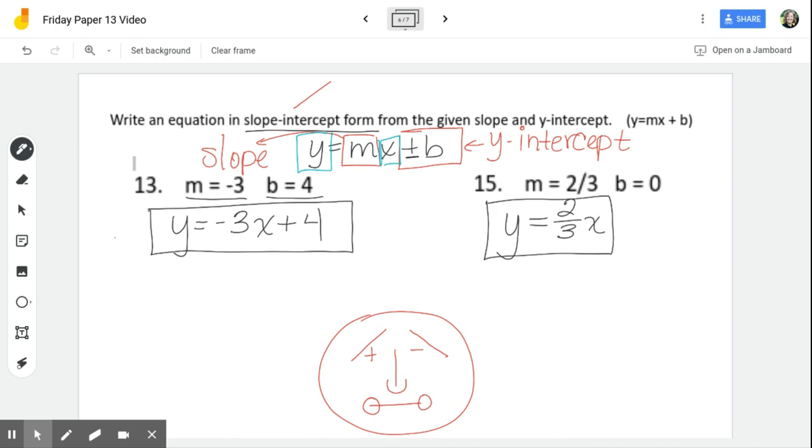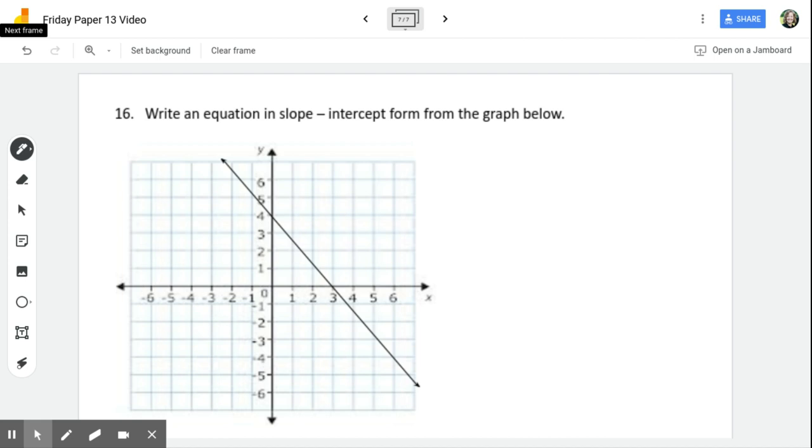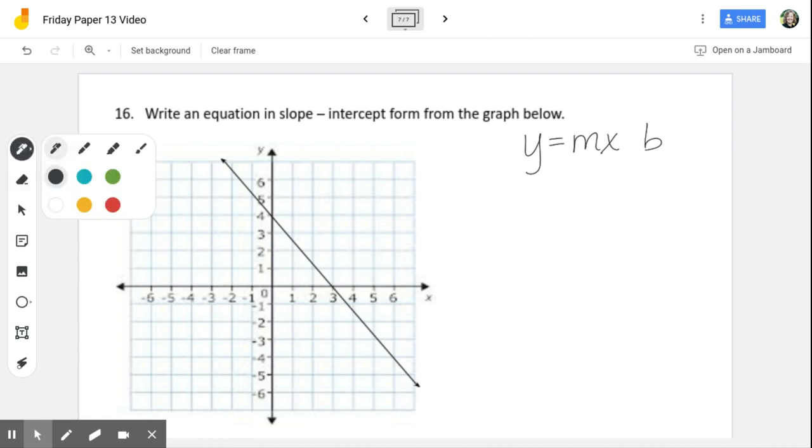I think we have one final problem to do, and that's number 16. It says write an equation in slope-intercept form. I'm going to write that: y equals mx plus b, and it can be plus or minus, depending on where it crosses the y-axis.